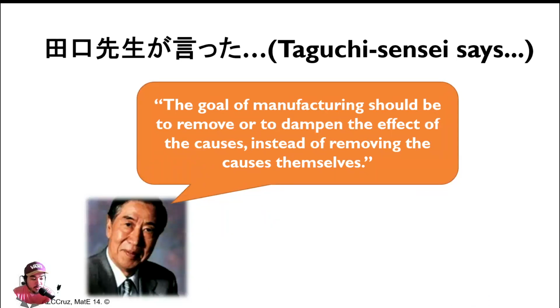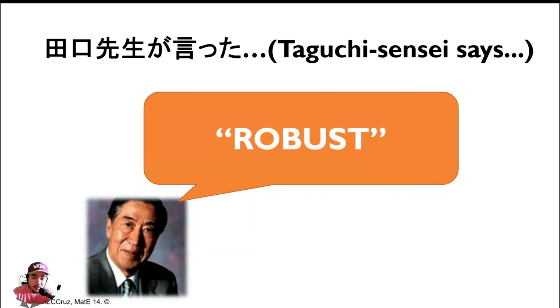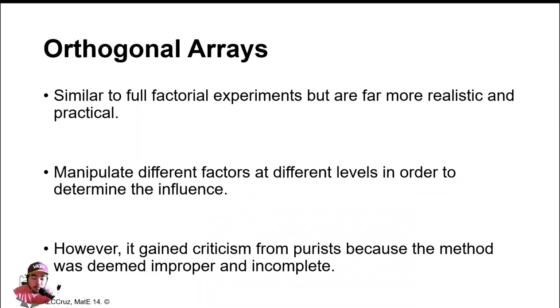And this is where Taguchi design comes into play. It specifically aimed to reduce what negatively affects your process without actually removing those factors. Okay? So he wanted to create what is called a robust experimental design, or a robust process, I should say, using his orthogonal arrays.